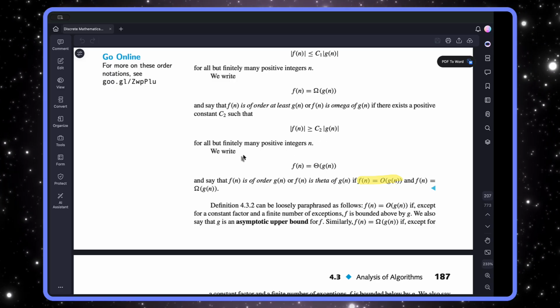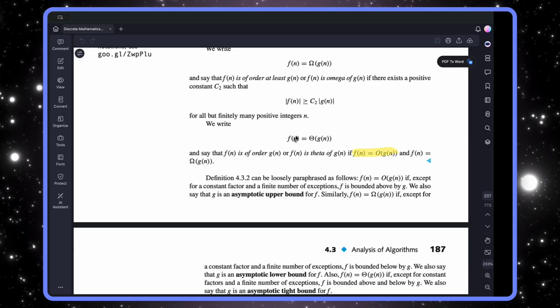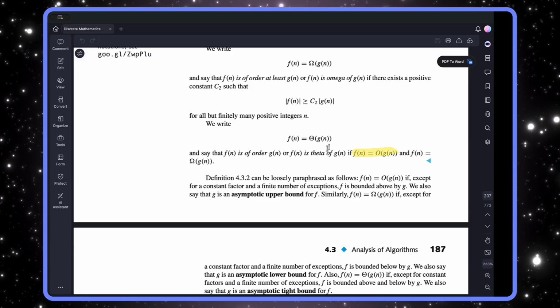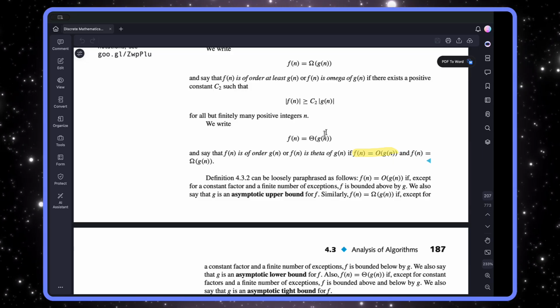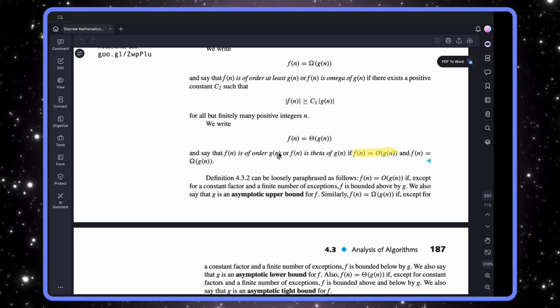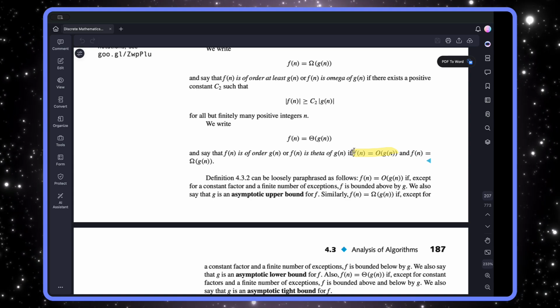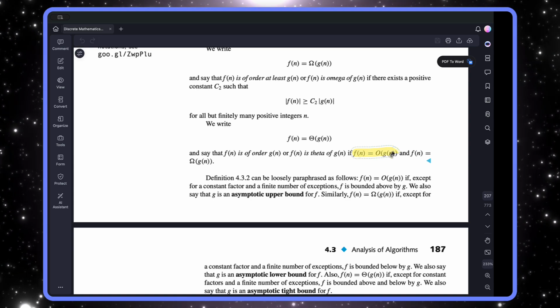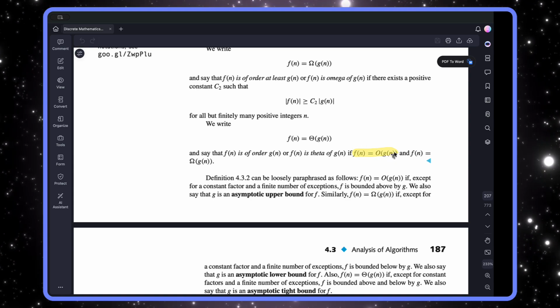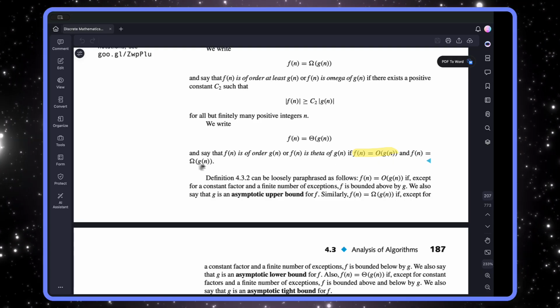We'll do some examples. We write that f of n is theta of g of n, and we say f is of order g of n, if f is O of g of n and f is omega of g of n.